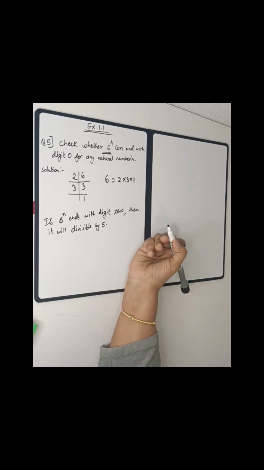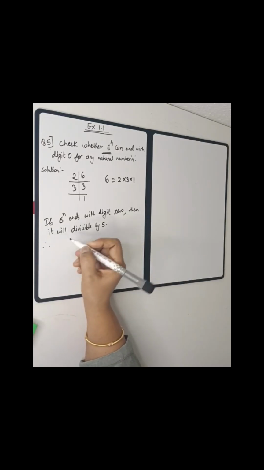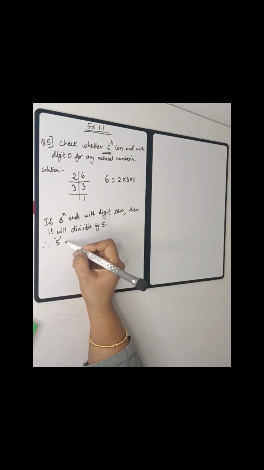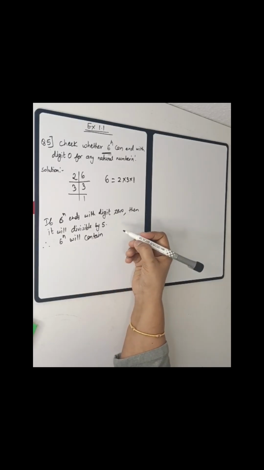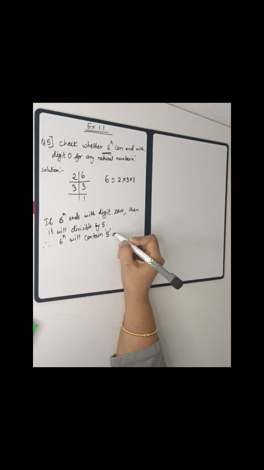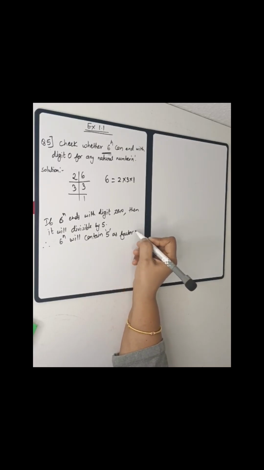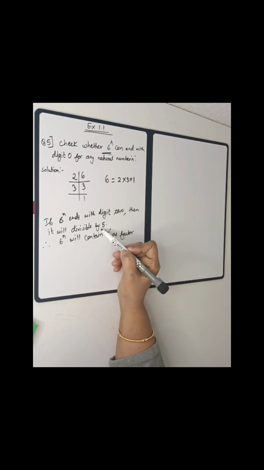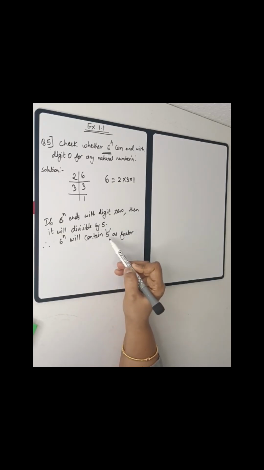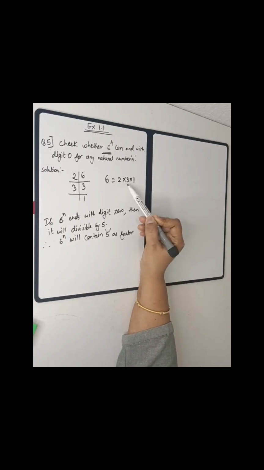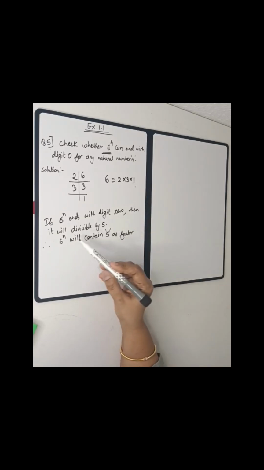Because if that is divisible by 5, then 6 raised to n will contain 5 as a factor. If it ends with 0, then it is divisible by 5. If it is divisible by 5, then in the prime factorization of 6 raised to n, it will contain 5. But we can see there is no 5 in the factors of 6.